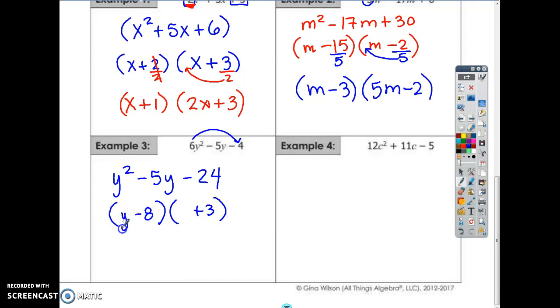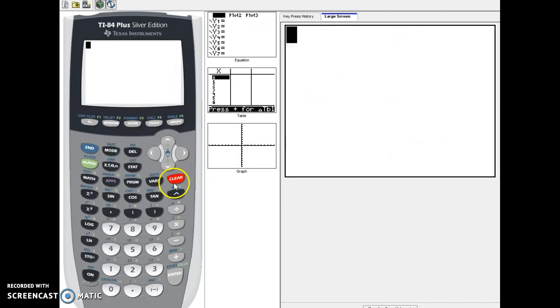Don't forget your y's. And don't forget your 6. There was a 6 in the front. So what do I do with the 6 again? Divide both by 6. Okay? You're going to have to use the TI calculator for this one because you need to reduce those fractions. So we're going to do negative 8 divided by 6.